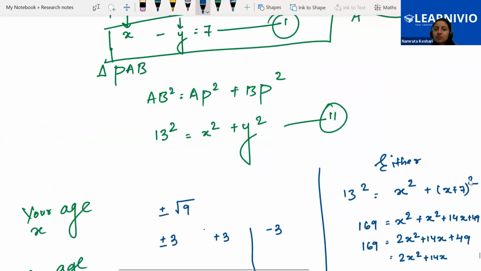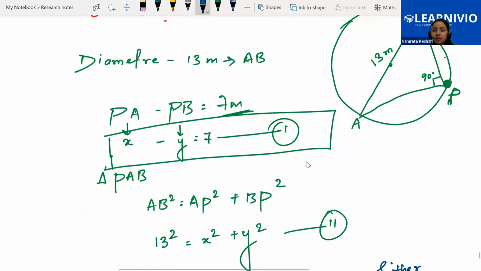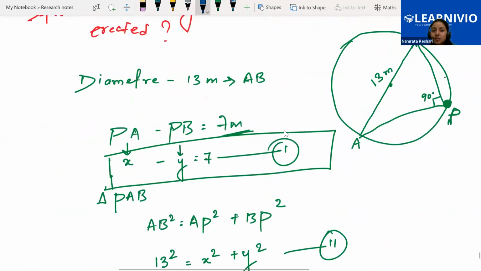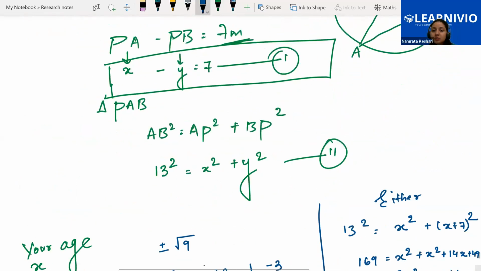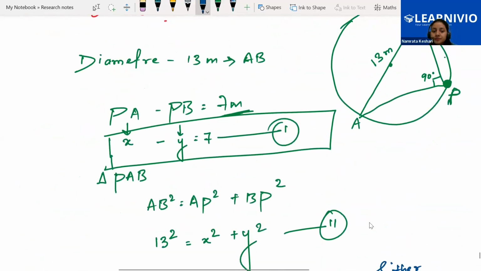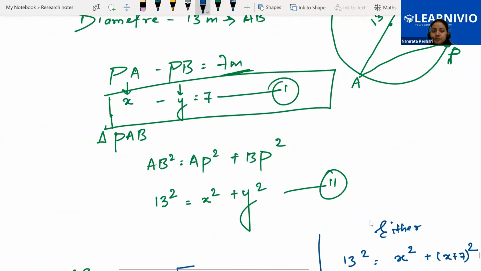You can solve any one. Just stick to one method, either the previous method or this method. See, Harshit, I was telling you that you can also take x plus 7, you can also take x minus 7. Why was I telling you that? You can check it here.